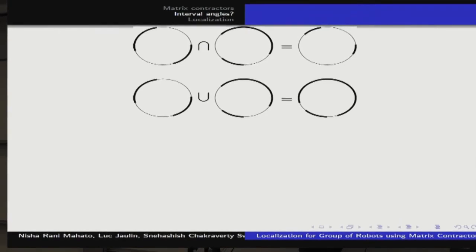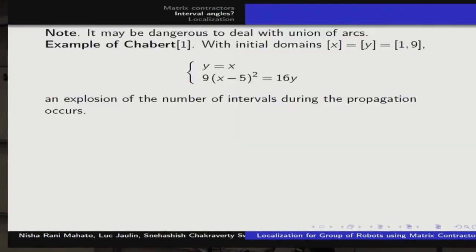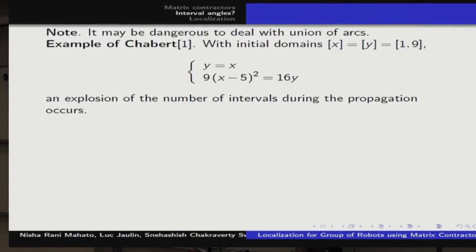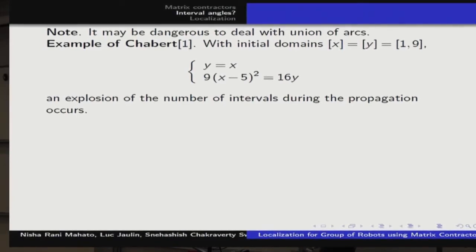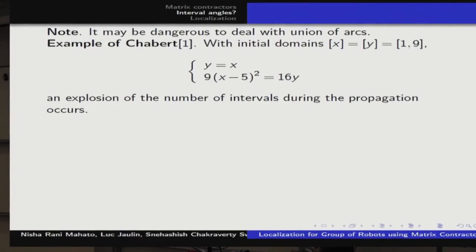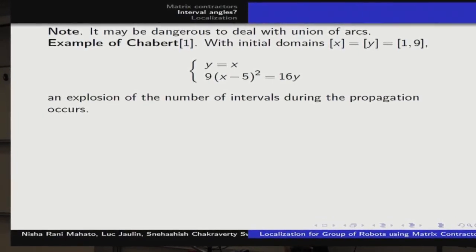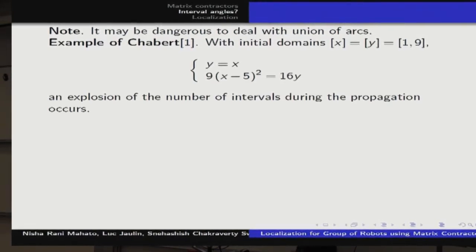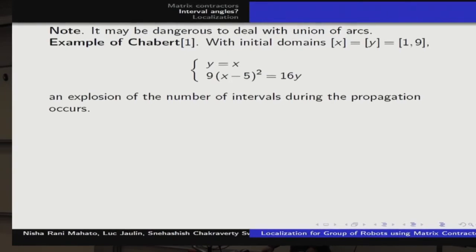Even if I have such a family, as shown by Chakaverty in his PhD, if you perform propagation on unions of arcs or unions of intervals, you may have an explosion. And so it's better not to use this kind of union of arcs.